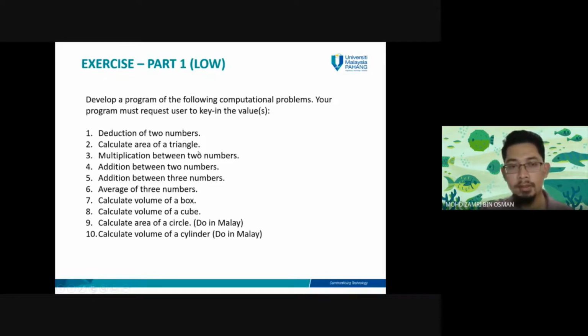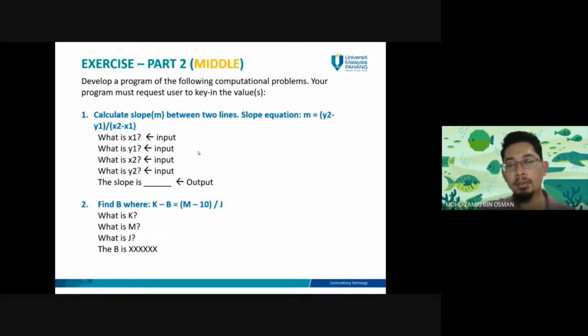Then part number 2 is the middle level. We need to develop a program that finds the slope according to this formula, and the formula is given for number 2 here.